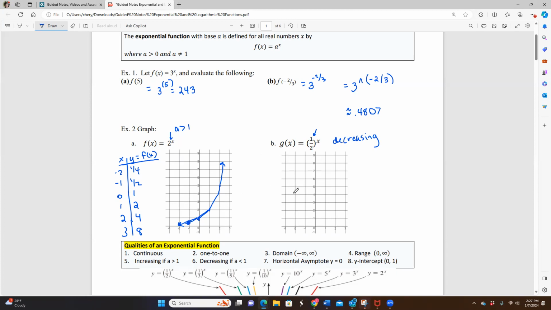So like a negative 2 would be up at 4, negative 3 would be up at 8, which was vice versa here. At a negative 1 would be at 2, and it will look like this. If we plug the values in for x, you would see, oops, it's a curve. And it never touches the x-axis, unlike my graph there.